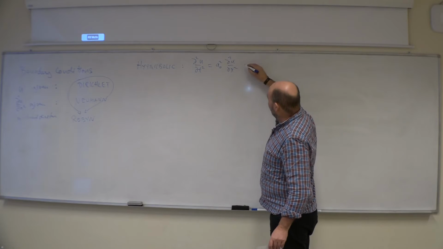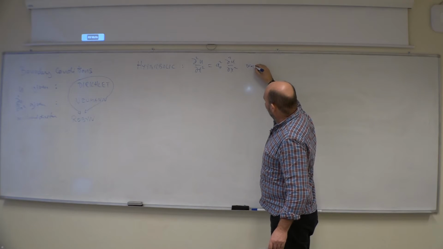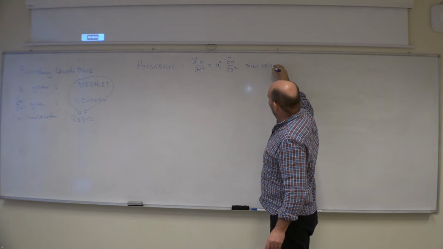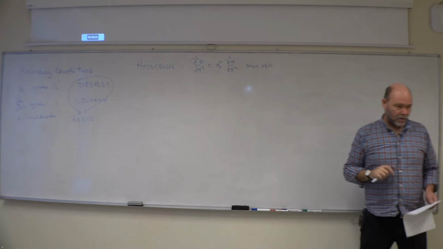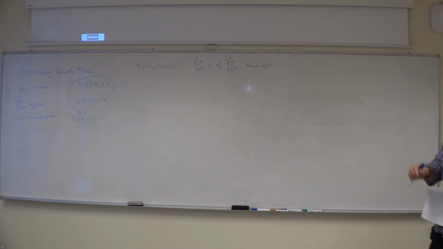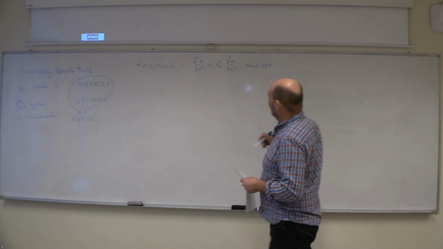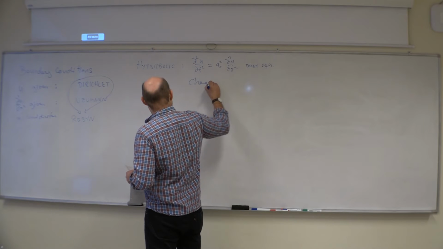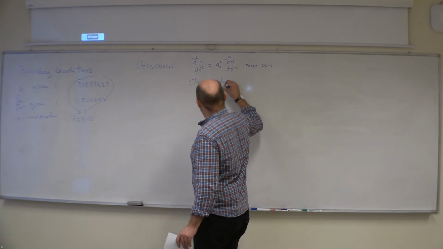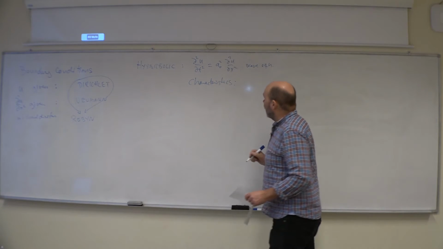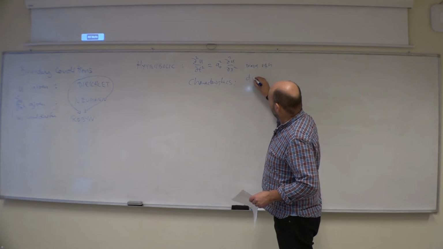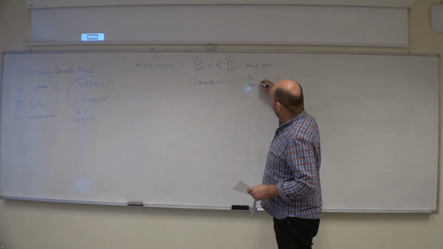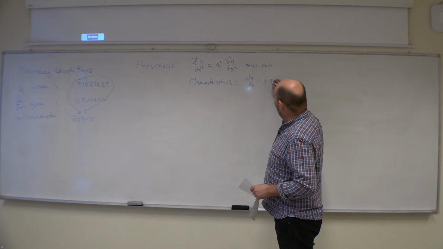So that's a one-dimensional wave equation. That one is hyperbolic. It has two real characteristics. Characteristics will now be dx/dt equals plus or minus a0.